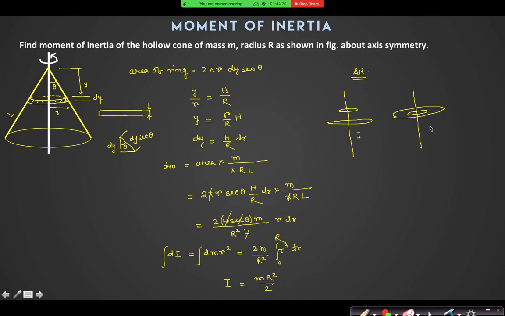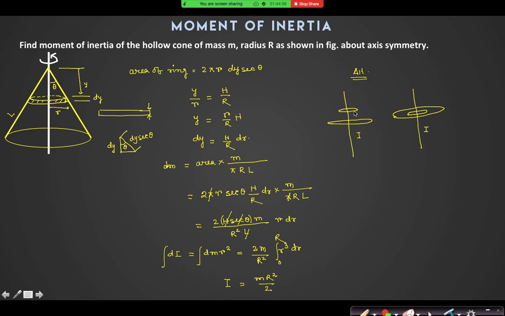What is the moment of inertia? Same in both cases, it will also be I, because it is also mr1 square plus mr2 square.